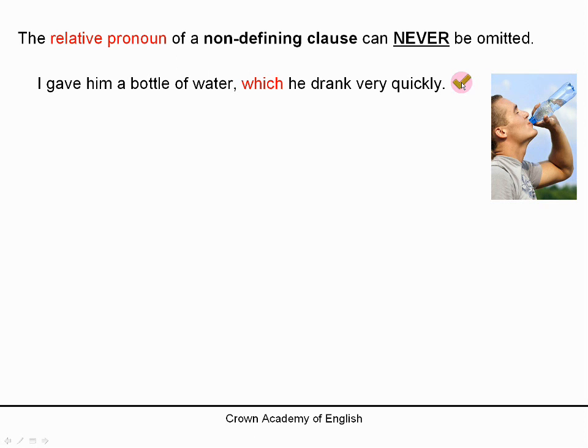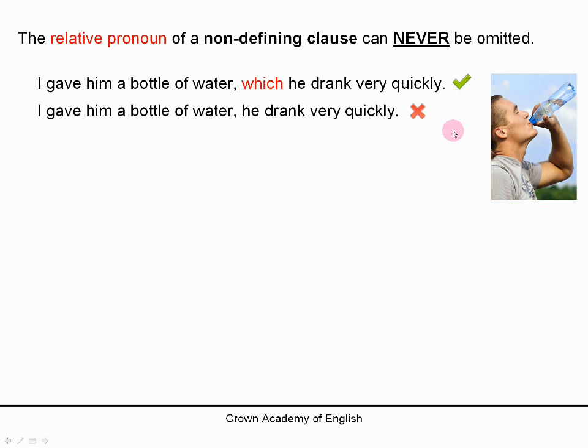So this is fine. This is correct because we have the relative pronoun here. We are using it. But this is wrong because here we have omitted the relative pronoun. We are not using it, and that is wrong. We cannot say this.